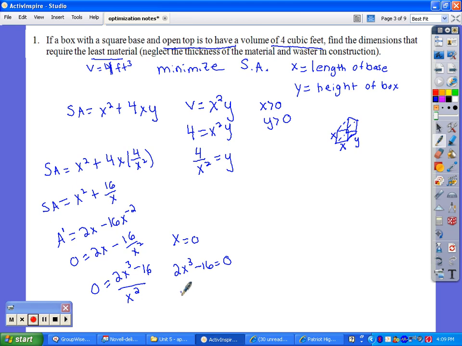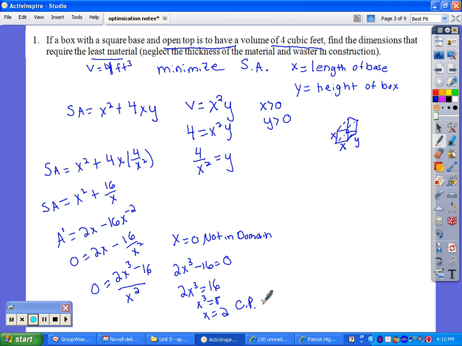And so we have 2x cubed is equal to 16, x cubed is equal to 8, and then x is equal to 2. Okay, so my critical points are 2 and 0. Now, 0 is not in the domain. And it's unrealistic to have x equal to 0 or y equal to 0. So we don't really have any endpoints to check. So our only critical point is x equals 2.